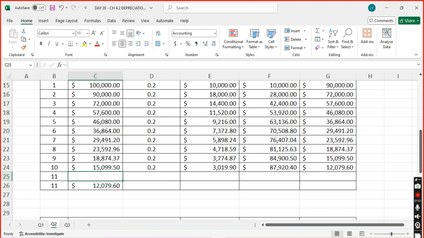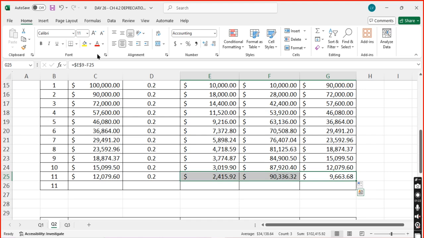So again, 20% of that will give you $2,415.92, which will give you your book value to be $9,663, which for sure, like I mentioned, is definitely below salvage value. Okay, so what should you do instead?